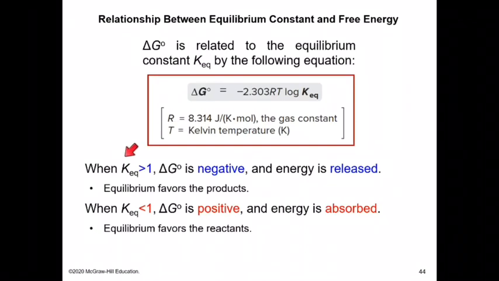When Keq is greater than 1 and you plug this value into the equation, we get a negative delta G value, which tells us that energy is being released, which also suggests that the equilibrium favors the formation of the products. However, when Keq is less than 1, we get a positive delta G value, which means that energy is being absorbed, which also tells us that the equilibrium favors the formation of the reactants.